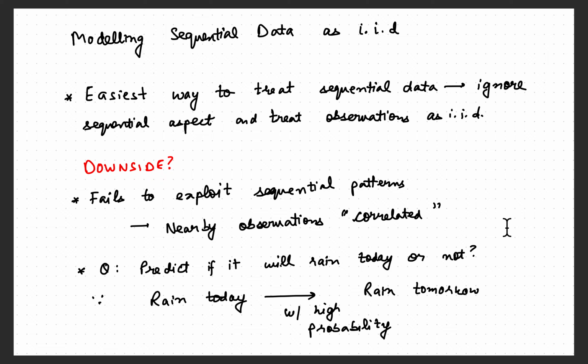If it is raining today, it is a very high probability event that it will rain tomorrow also, because weather is going to largely exhibit some continued patterns where there is some correlation between adjacent observations. So this is where it makes sense to treat sequential data as indeed sequential and not treat it as IID observations.